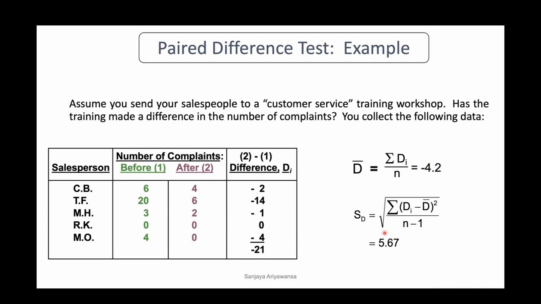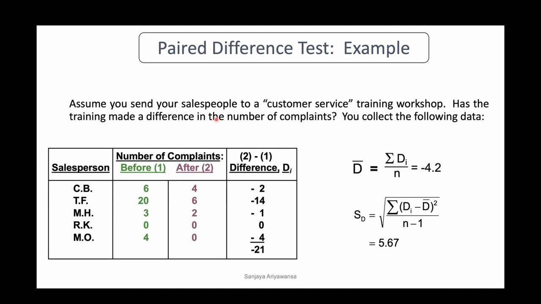Next, you write your hypothesis. Now, this is for a related sample, so you're testing whether the training has made a difference or not. If the training has not made a difference, what was your population parameter here? Mu D would be equal to 0.